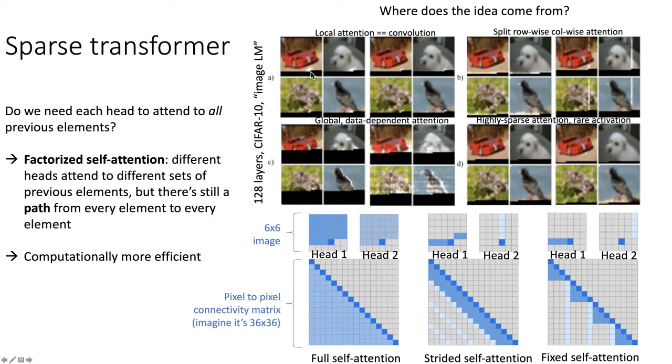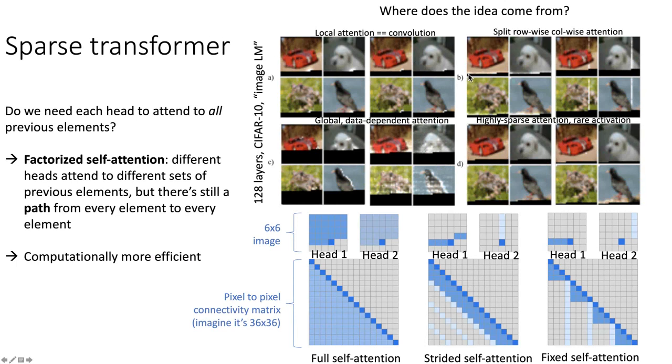So you can see that when the query is this last pixel, it's only attending to a few local pixels, for instance, for this layer. So this is for an attention head of a specific layer. They notice patterns of attention. In this case A, it's local attention. In case B, they see a split of row-wise and column-wise attention.